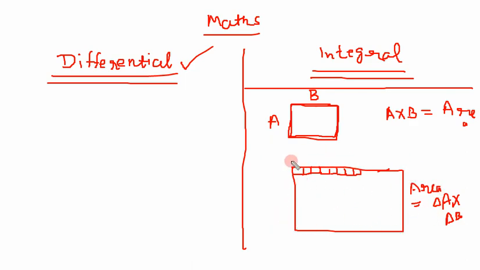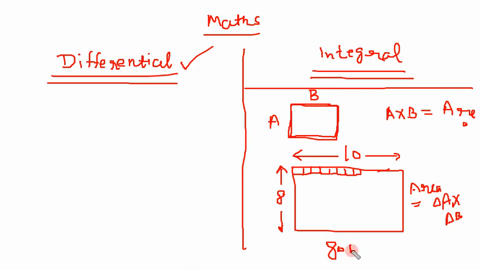Suppose we get, let us say, 10 boxes on this side, and 8 boxes on this side. So how many total boxes? Total number of boxes 10 into 8, 80 boxes.